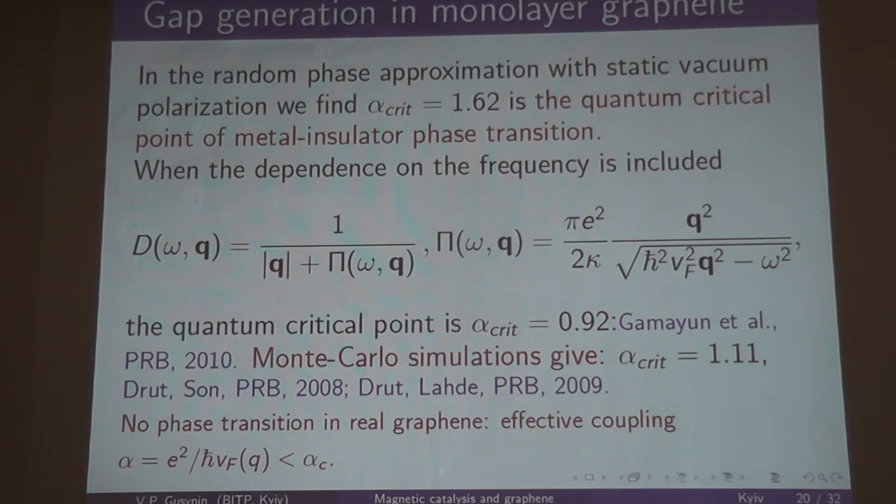So this is maybe the real explanation why we don't have gap generation in graphene.